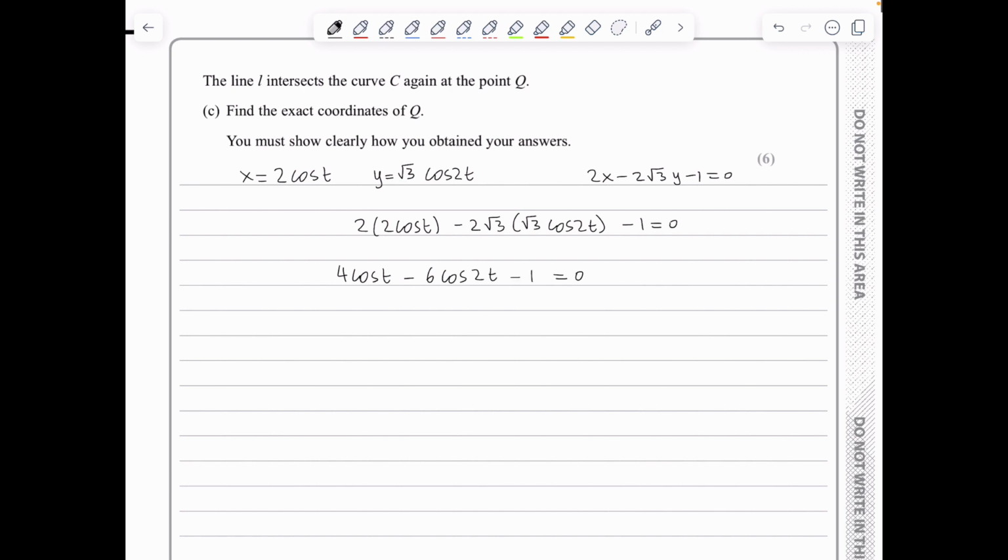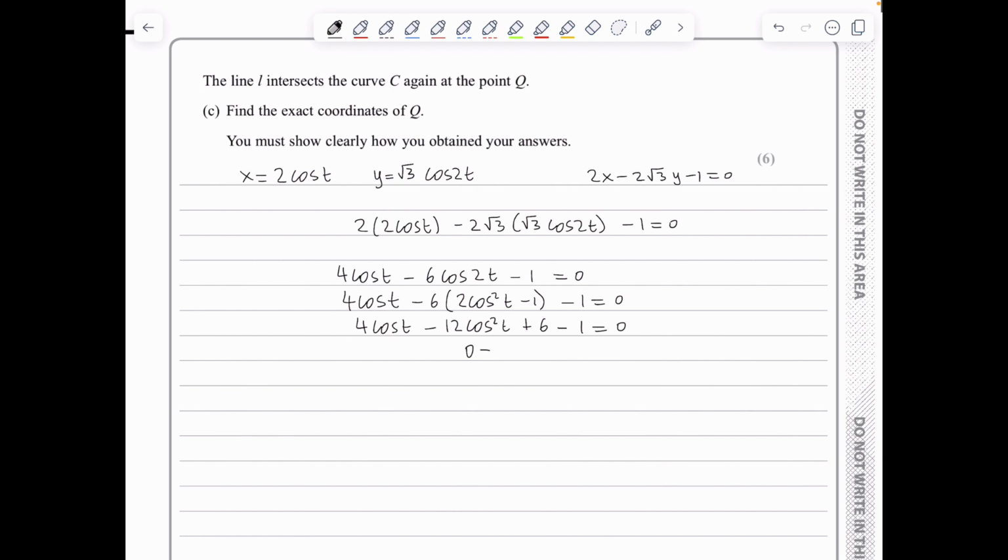So we have that 4 cos t minus 6 cos 2t minus 1 is 0. We know the double angle for cos 2t, so I'm going to use that to get a quadratic in cos t. So minus 6 times 2 cos squared t minus 1 close brackets minus 1 is 0, leading to 4 cos t minus 12 cos squared t plus 6 minus 1 is 0. I will collect everything on the right hand side.